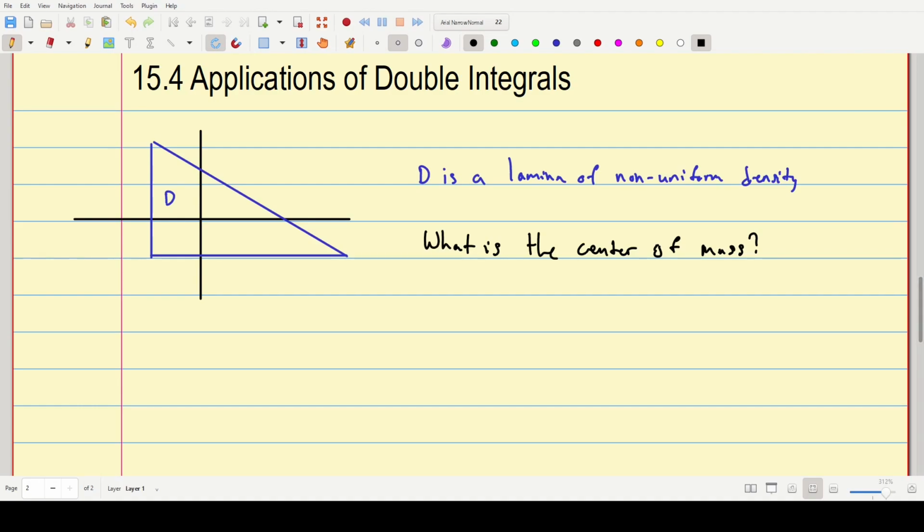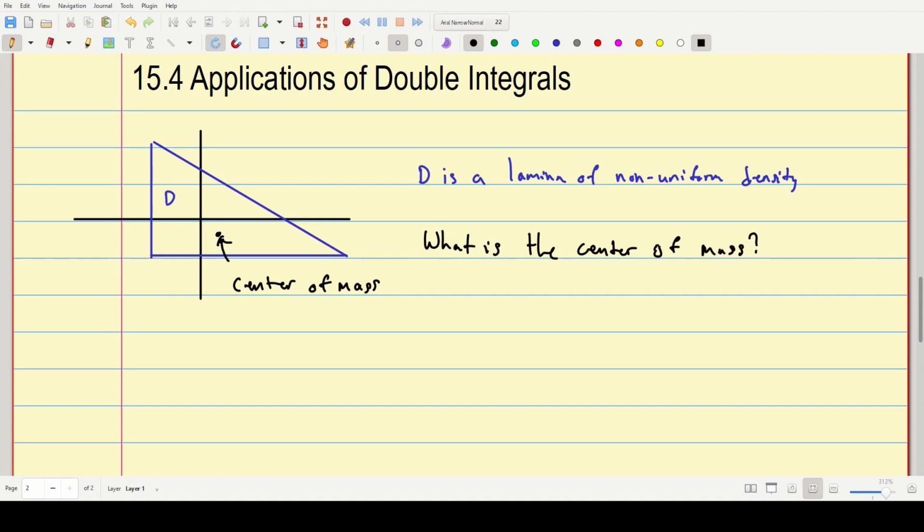Depending upon the density of this object, we should be able to find some point here that represents the center of mass. Now, if it were a regular old triangle of uniform density, the center of mass is always the centroid of the triangle.